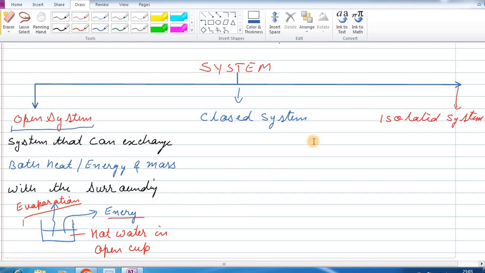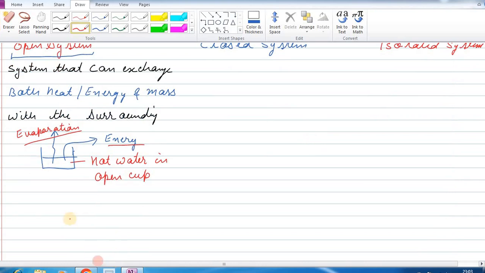Reverse of this can also happen. For example, if you have ice inside an open beaker, the ice will absorb heat. Similarly, the vapors from the surrounding will condense, and the mass of the water inside the beaker will increase.